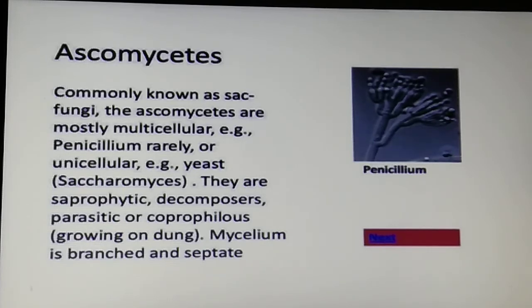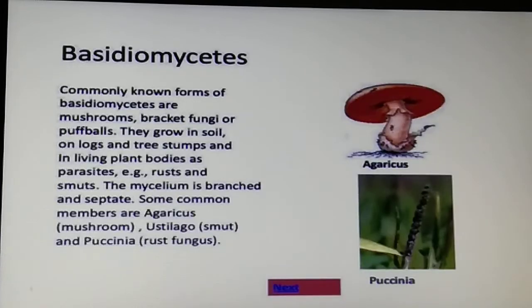Now students, the next one we have is Basidiomycetes, which is commonly known as mushrooms. They grow in soil, on logs and tree stumps, and in living plant bodies as parasites, which need a host. Examples, rusts and smuts.